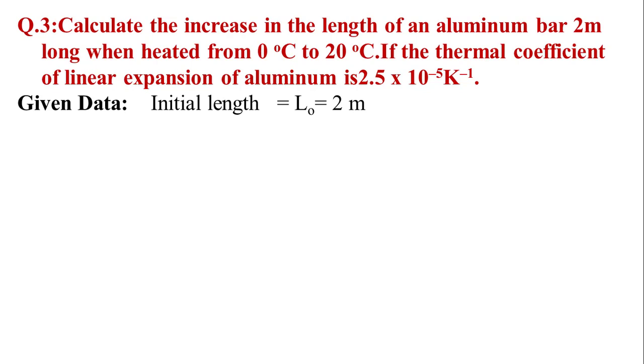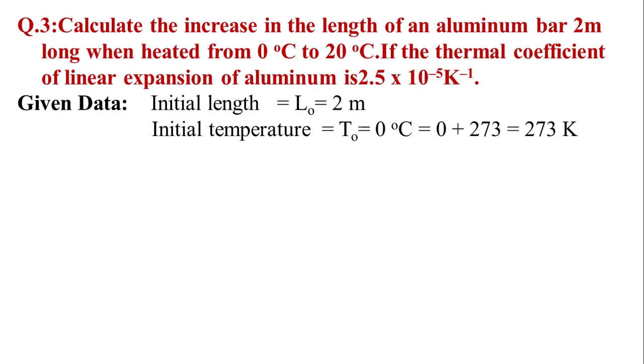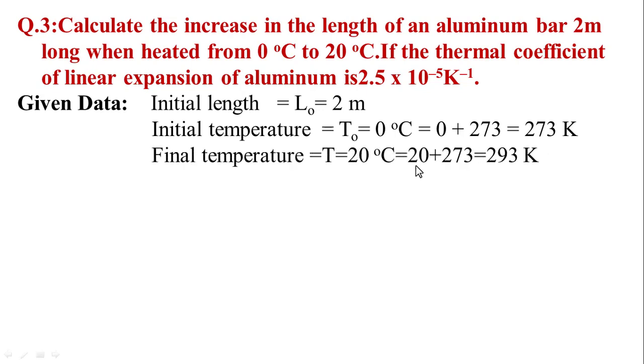Initial length L naught is equal to 2 meters and initial temperature T naught is equal to 0 Celsius. Now 0 Celsius changed into Kelvin, then added with 273. So 0 plus 273 is equal to 273 Kelvin, and final temperature T is equal to 20 Celsius.